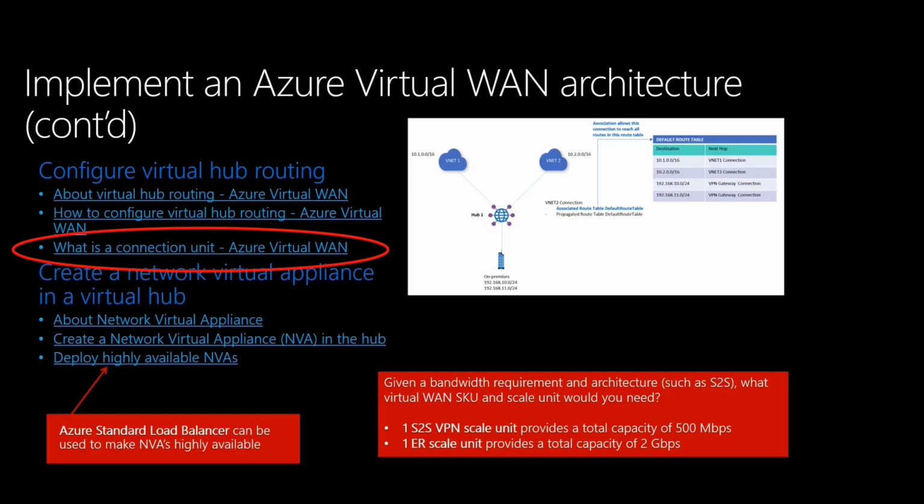And again, there are basic and standard SKUs for virtual WAN, and the capabilities that I described just a moment ago apply to the standard, not the basic, SKU. So the basic SKU is very basic. The standard is more likely what you would use in an enterprise environment.